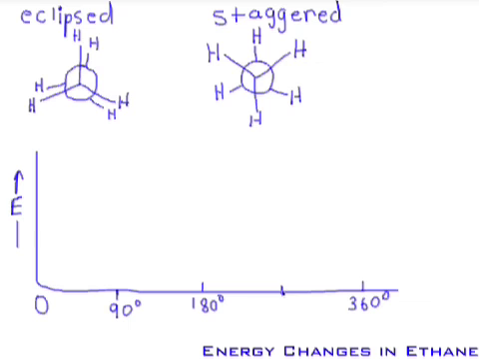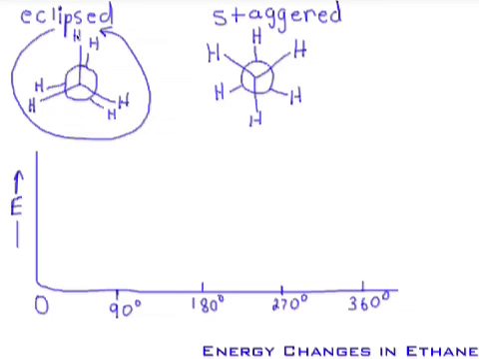So this is 270. Now, let's pretend that we're rotating this H right around in a complete circle, and we're going to plot all the energies. We're actually going to pretend we move this H throughout.